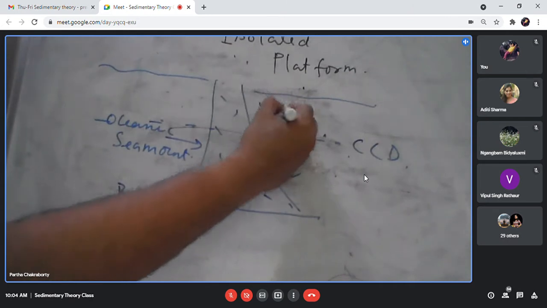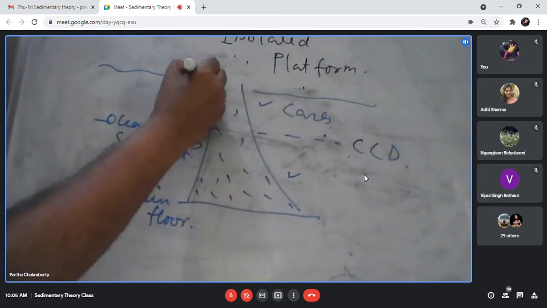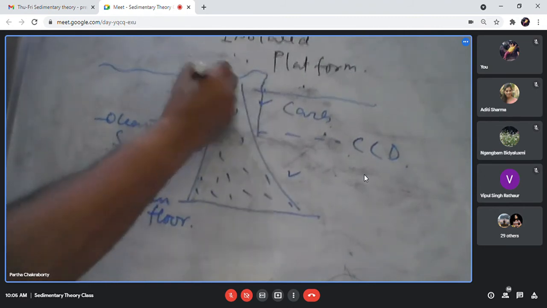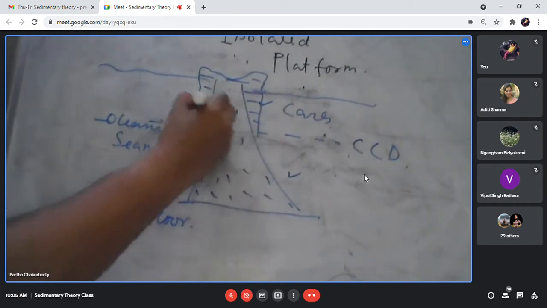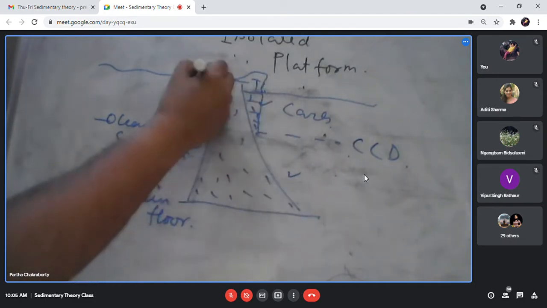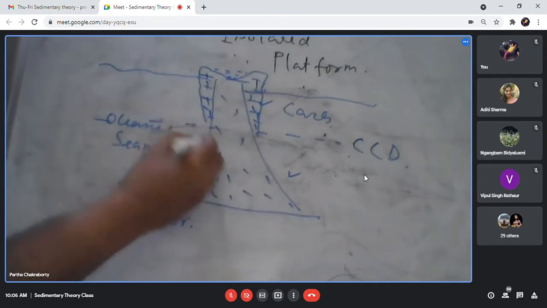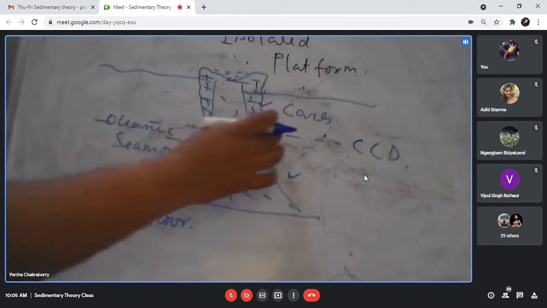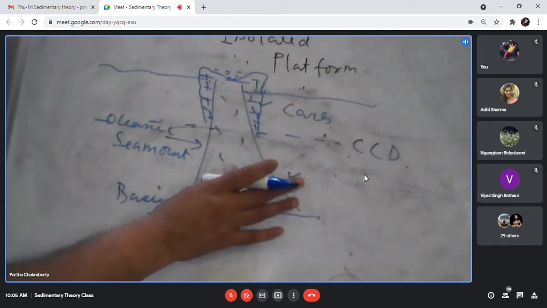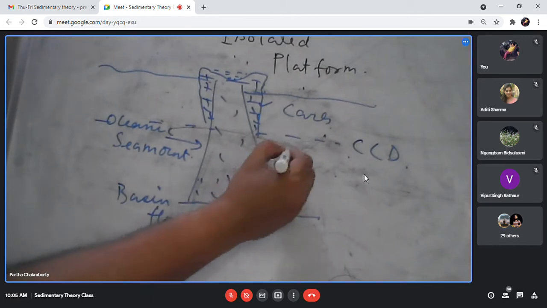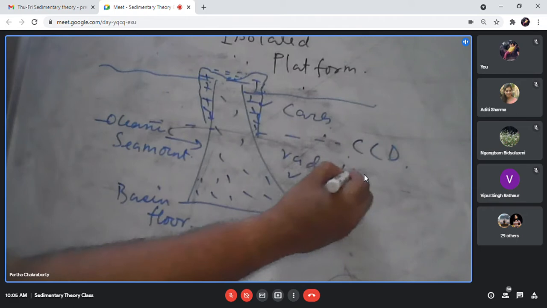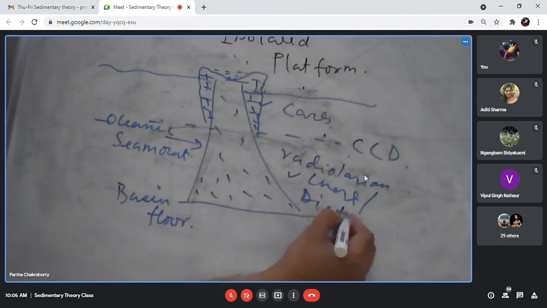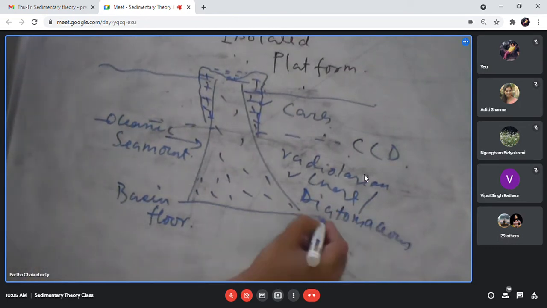In the upper part of the CCD, you get the carbonate deposition on the surface, whereas below the CCD you actually do not get much carbonate, but you can get the presence of radiolarian chert or diatomaceous earth.